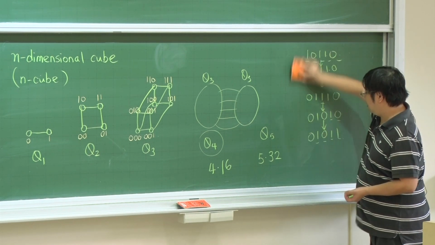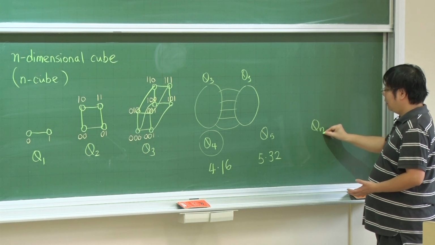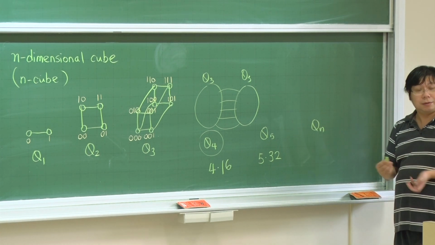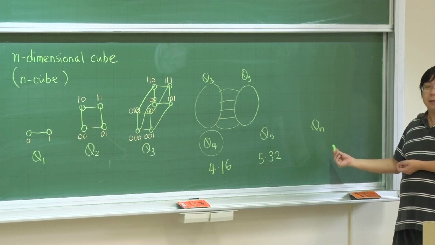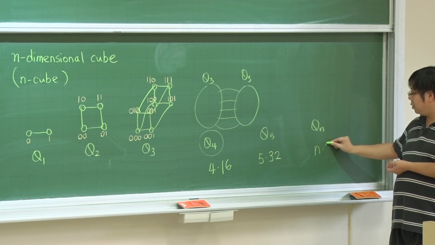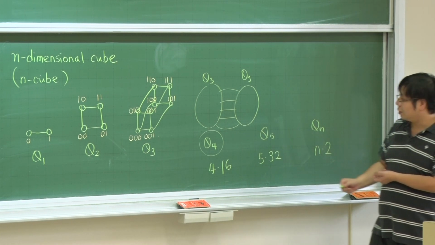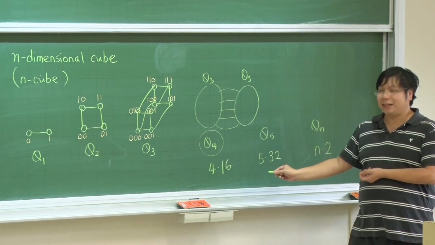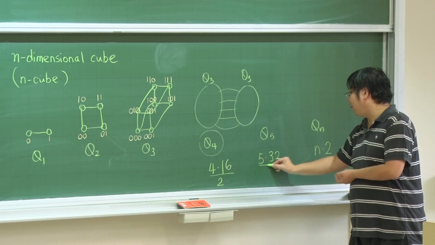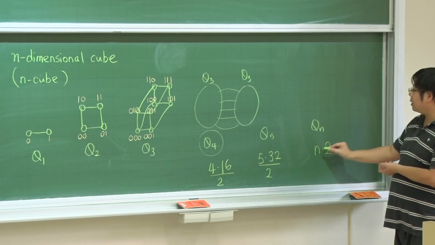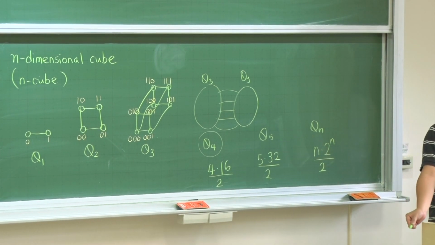And then in a Qn, the number of edges will be what? It will be n times 2 to the power, no. It's not 4 times 16. Okay, I forgot to divide it by 2. This is the handshaking lemma. I should divide it by 2. So it is n times 2 to the power n, divided by 2. Is that okay? So this is the number of edges.